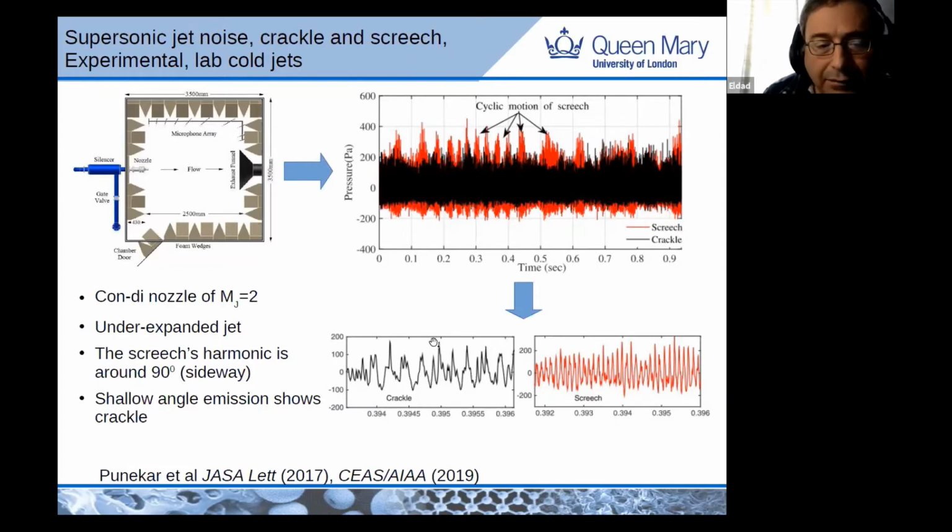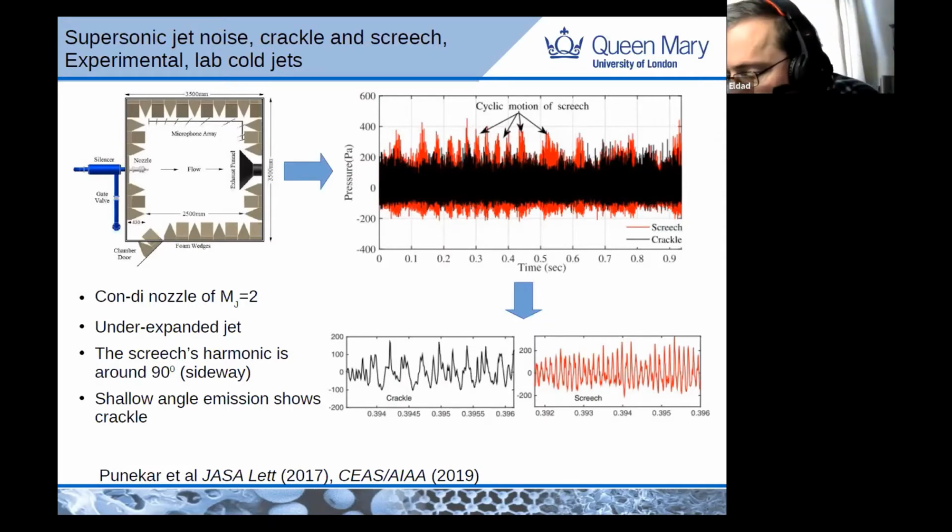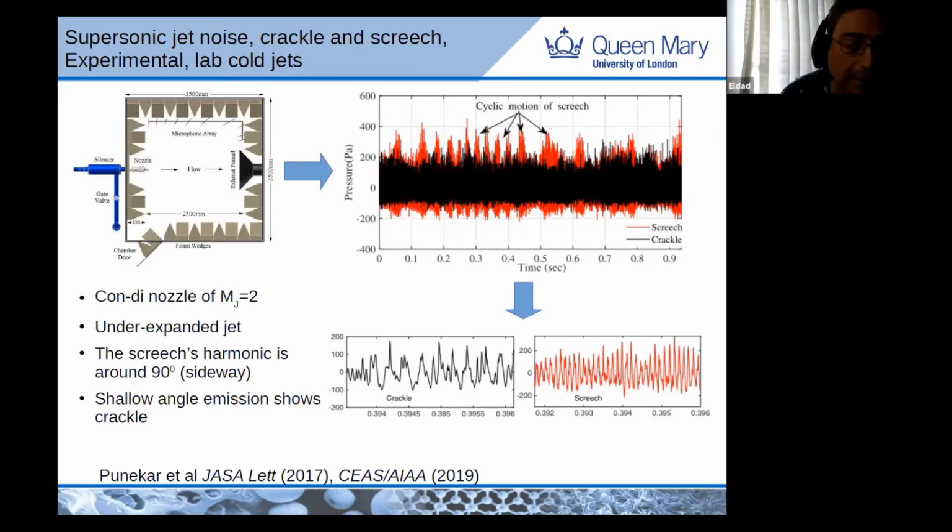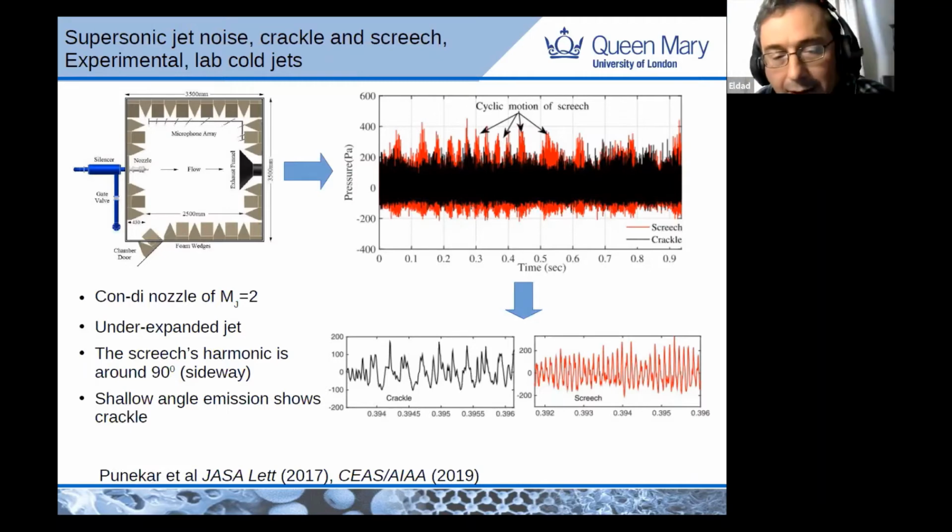So that gave us the understanding that crackle can also happen in a cold jet. So it's not necessarily due to micro explosions of hot gas. Some people say that can also cause crackle. We didn't say it doesn't, but we say that crackle can also happen in other conditions.